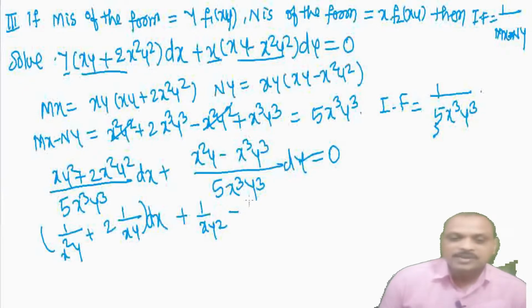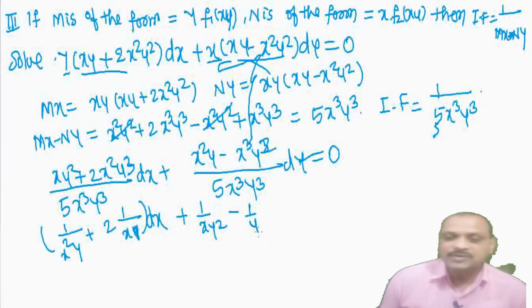Okay, something is wrong here. You can see that y cube gets cancelled and only x remains. Similarly here, this will be x cube y square, and we remain with only 1 divided by y into dy equal to 0.